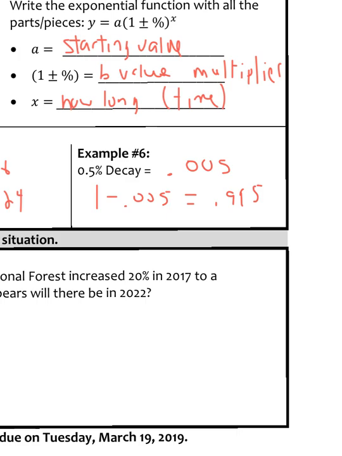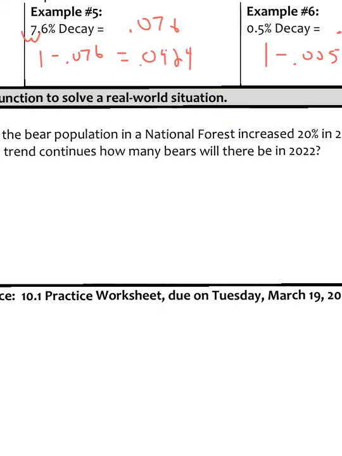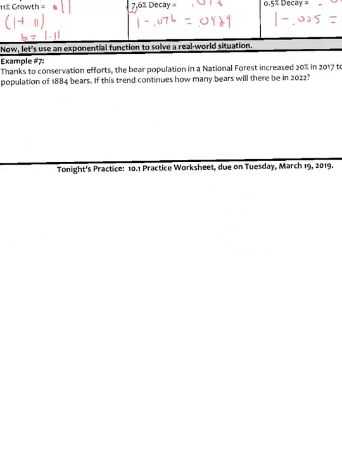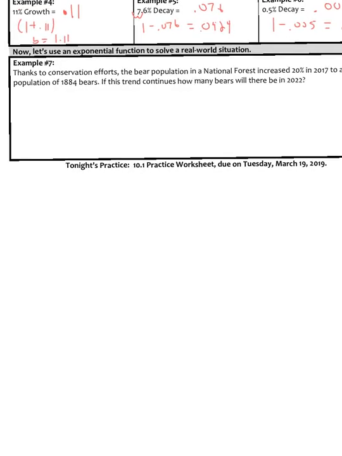Okay, so let's use that in a word problem. And you will do all of the homework, again asking Miss Hall any questions that you have, if she's there. Thanks to conservation efforts, the bear population in the national forest has increased. Increased is our key to know that we're going to use growth.